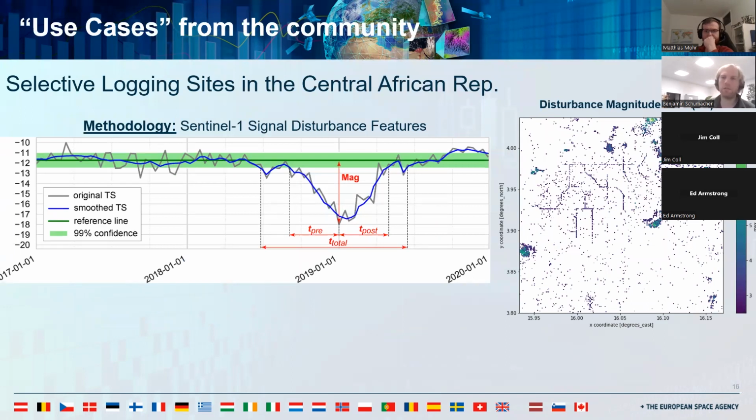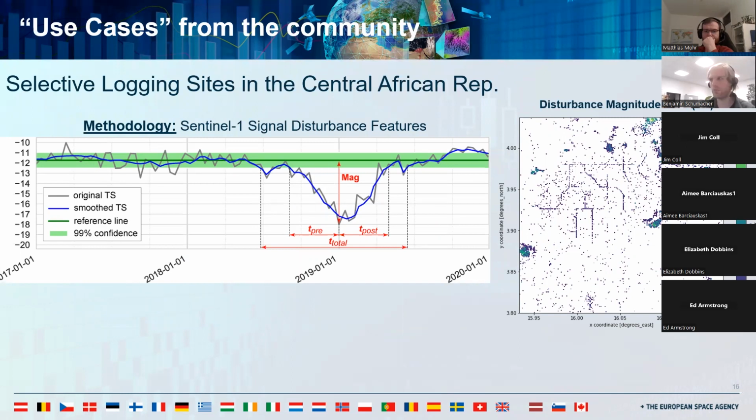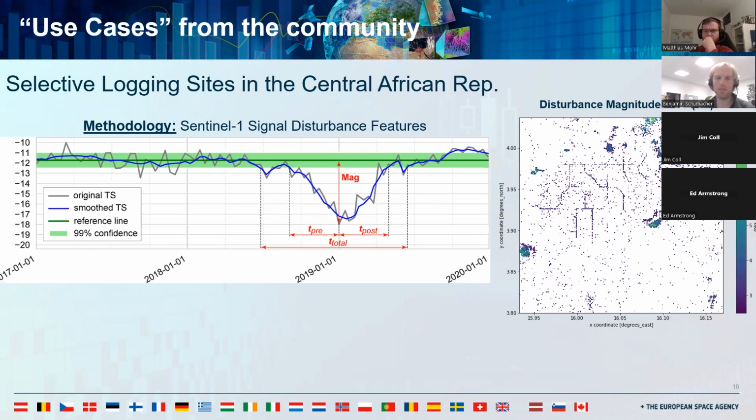We have a quite active user community that actually implemented quite some use cases specifically for their research. For instance, here we have, this is going to be published soon, I think, selective logging sites in the Central African Republic. So basically you get the ground range detected from Sentinel-1.